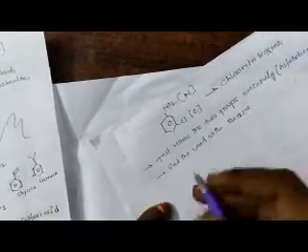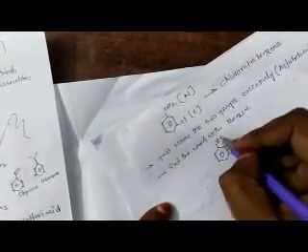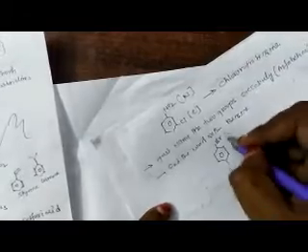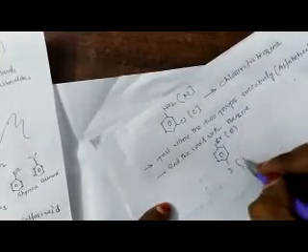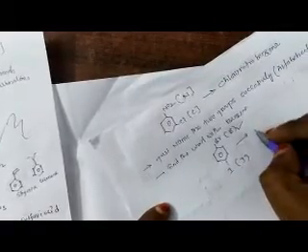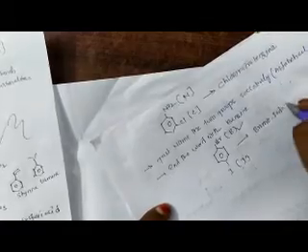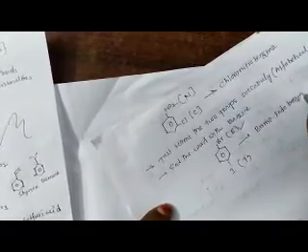For suppose if we take another example, it is bromine and iodine. Bromo starts with B, iodo starts with I, so we have to give preference to the B first. It is bromoiodobenzene.